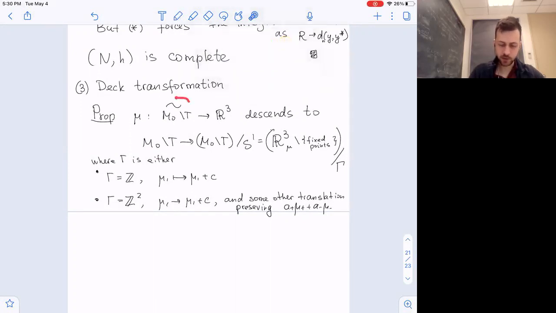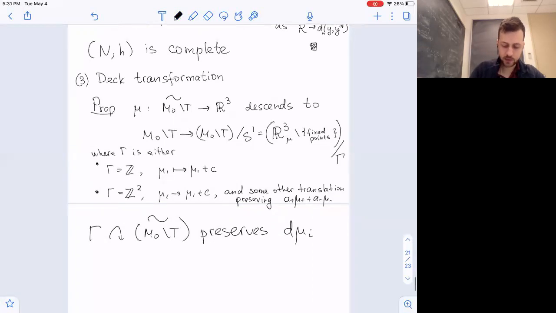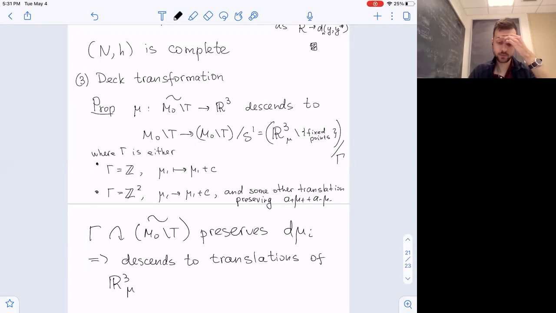You take this prescribed covering with a specific gamma, and the action of the Deck transformation group, since the Deck transformation group preserves all the generalized Kähler structure, in particular preserves the one forms d mu I. So gamma acting on M0 preserves these one forms d mu I. Therefore, it descends to translations of R3 mu. That's the idea.